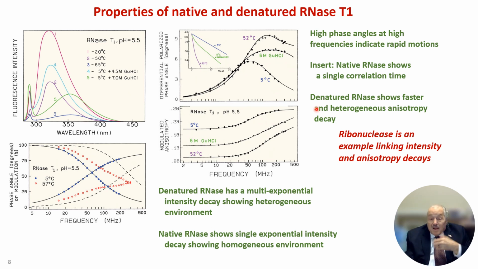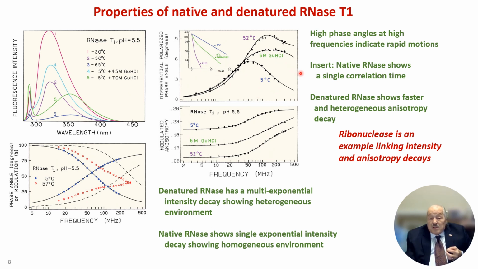For an isotropic rotator rotating freely in solution, you have this Gaussian-like structure which conforms to the insert here of a single correlation time decay. When you denature the protein, the anisotropy decay becomes more rapid, and it also becomes multi-exponential, as you can see in the insert of this slide.